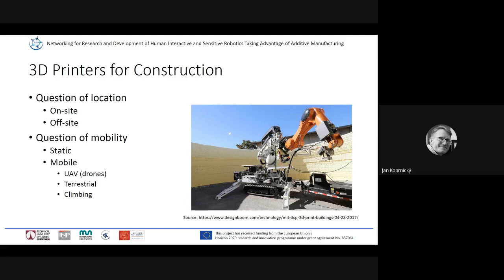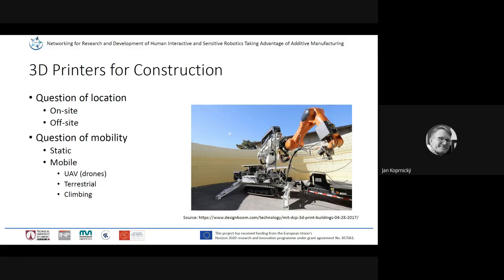These large-scale printers could be static, like cranes or something like this around the whole printing area, or they could also be mobile, so tiny 3D printers.